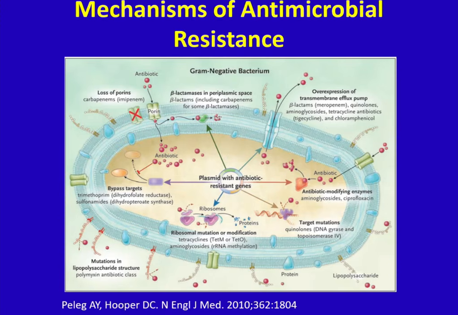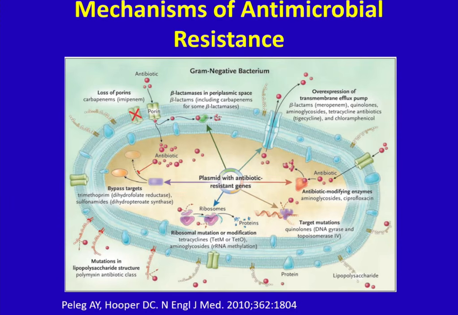Going around to 1 o'clock, you have overexpression of efflux pumps. Normally you might have 1 or 2 pumps pumping out some antibiotics to try to form defenses. All of a sudden this new gram-negative has multiplied that by tenfold, and therefore is pumping out the antibiotic. You have antibiotic modifying agents.